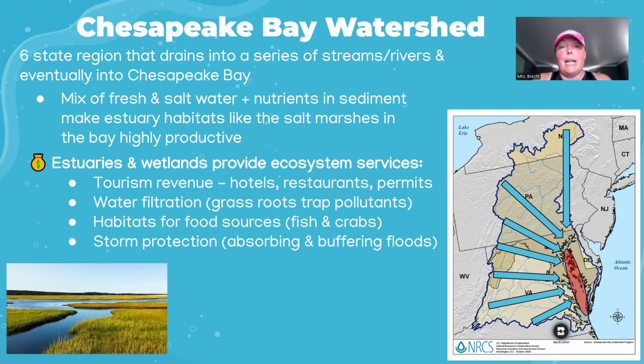It's also providing habitats for food sources, so habitats for fish and crabs, and then also storm protection. Wetlands actually absorb lots of water. It acts like a buffer for floods. So swamps and wetlands are very good at absorbing a lot of water and reducing the amount that floods over into the local surrounding areas and communities.